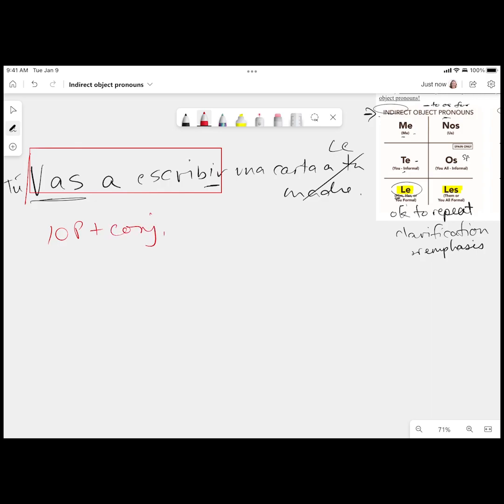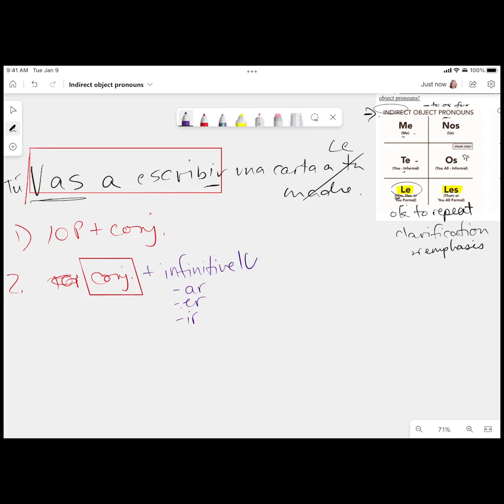We have an indirect object pronoun plus a conjugated verb format that we can use, but we also can do a conjugated verb plus my infinitive with the indirect object pronoun tagged onto the actual infinitive.